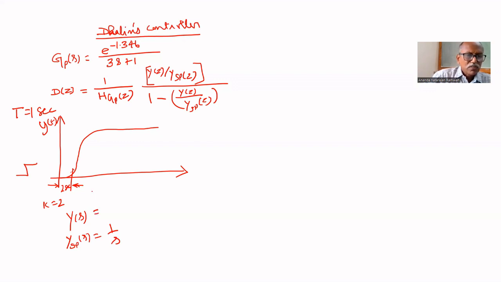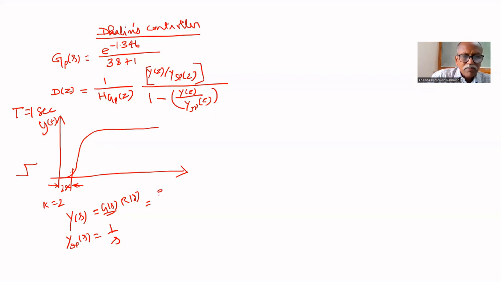This is the response, which means a transfer function. So y of s equal to G of s multiplied by R of s. That G of s is first order with dead time.